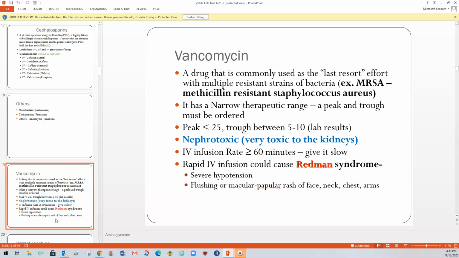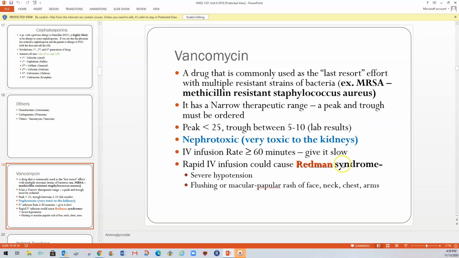It has a very narrow therapeutic range, and you have to draw a peak and trough, and we'll talk about that here in just a little bit. Here's the values for a peak. It needs to be less than 25, and the trough needs to be 5 to 10. Vancomycin is very toxic to the kidneys. You have to give it very slow.